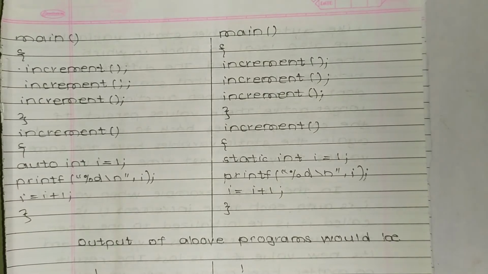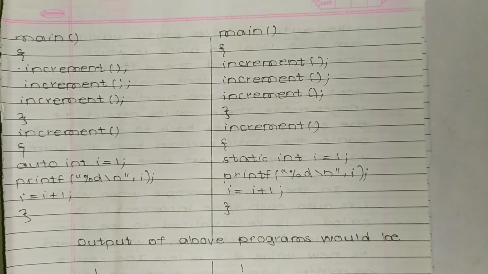Now in the increment function, auto int i = 1; printf("%d\n", i); then i = i + 1. So the output of the program is 1 1 1. So this is the output of the first program.